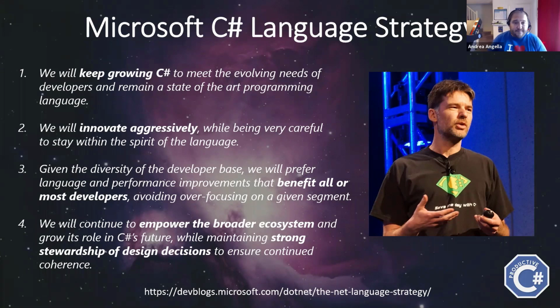So they want to innovate aggressively, but at the same time try to preserve the essence of the language, which is a simple, easy to understand language, very readable, and a pleasure to work with, to be honest. So they want to keep that while innovating aggressively, and they try to innovate in a way that benefits all developers.